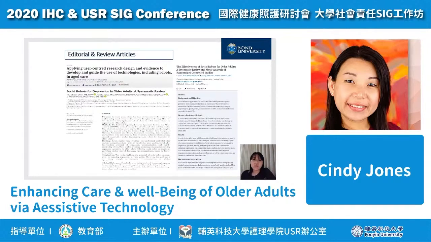And basically what we found is that social robots appear to have the potential to improve the well-being of older adults, but conclusions are limited due to the lack of high-quality studies, and more randomized control trials are recommended with larger sample size and more rigorous study design.